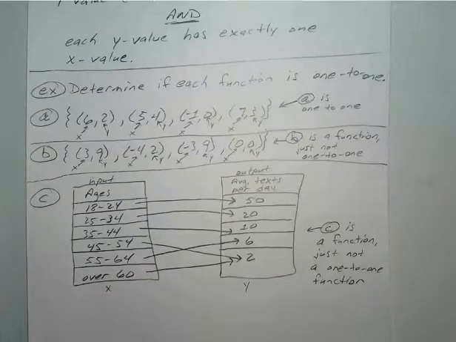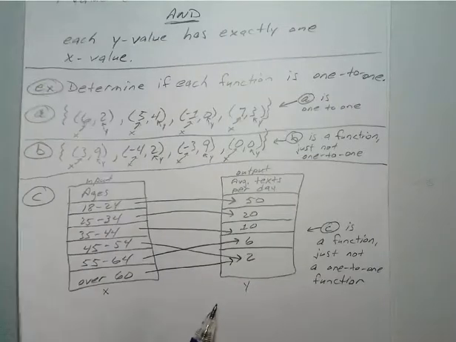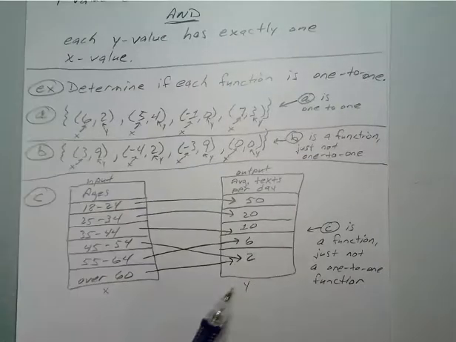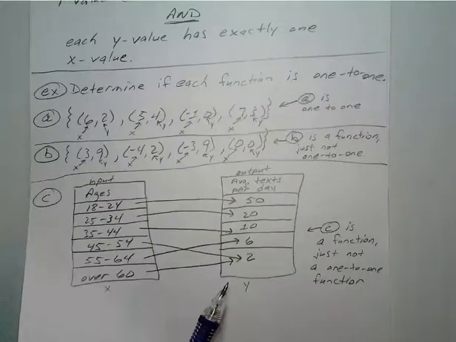Being a one-to-one function means you have to watch those y values. All right, so now, if you're still writing, feel free to press pause. But we're going to look at a way to tell if it's a one-to-one function using what we call the horizontal line test.